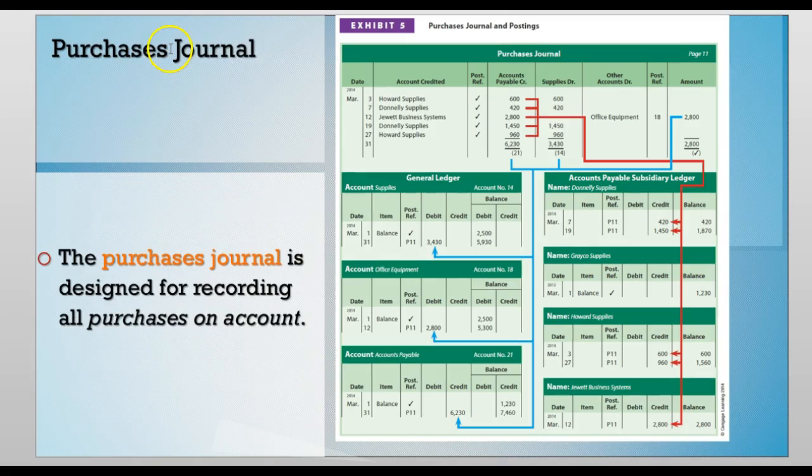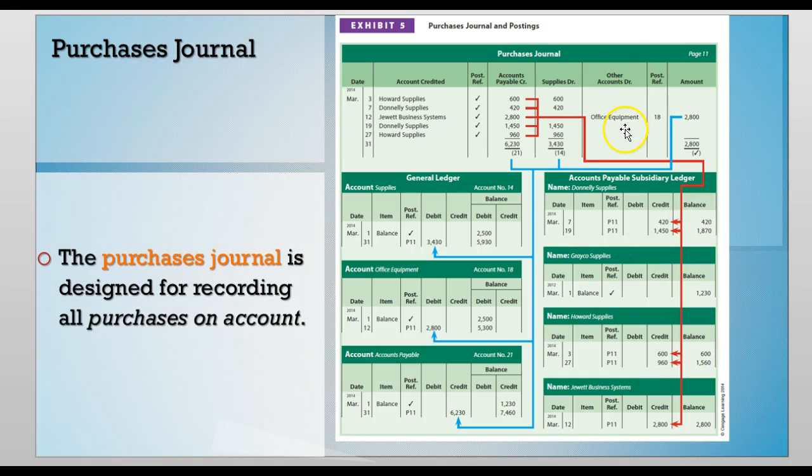The next journal is a purchase journal, and it's the same scenario. This is when we buy on credit, or we use our accounts payable and we charge it. These accounts are the people we owe. This is the amount that we owe, that's going to be credited to the subsidiary ledger on each account.